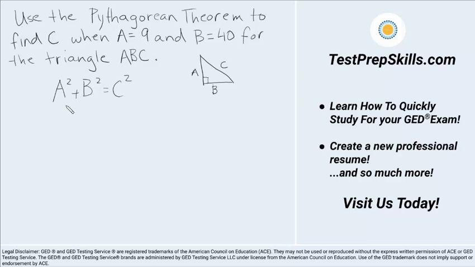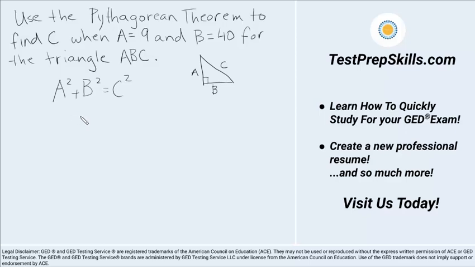So what this means is we can solve for the length of the hypotenuse, in this case c, by adding the squares of the two other sides together, okay? So when we add the squares of the two other sides together, that's going to equal the square of the hypotenuse, okay? It's not just going to right away give us the hypotenuse, okay? So we're going to have to do a few steps to find what C is equal to.